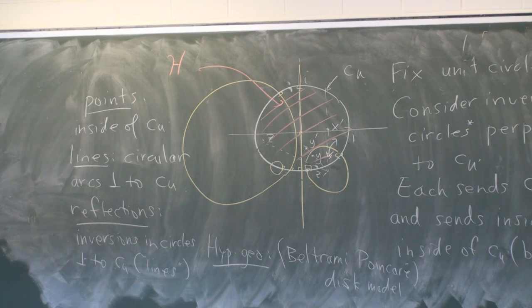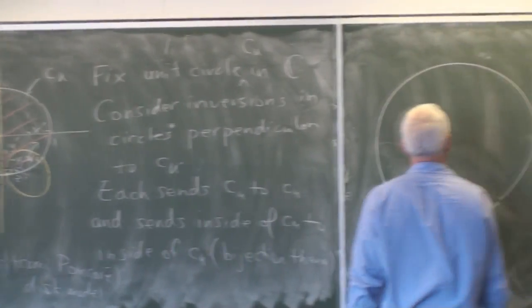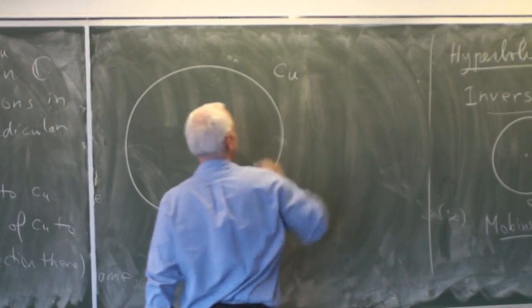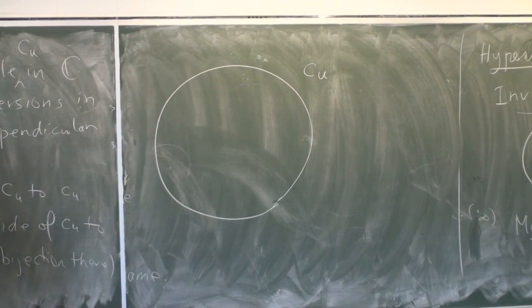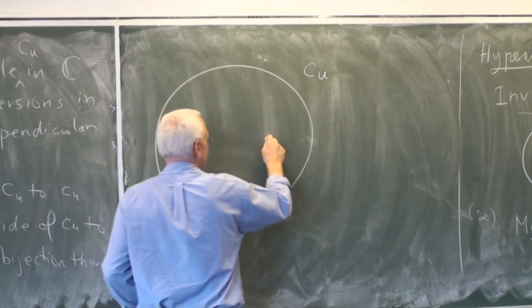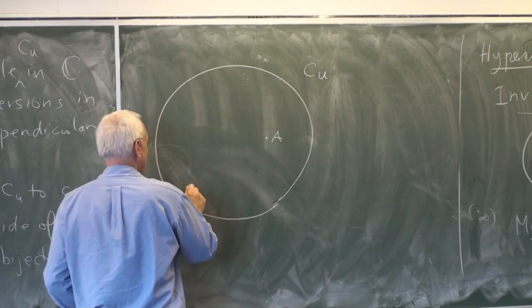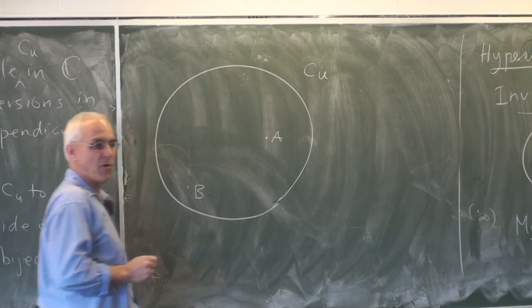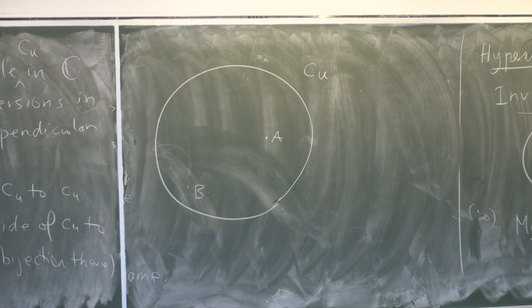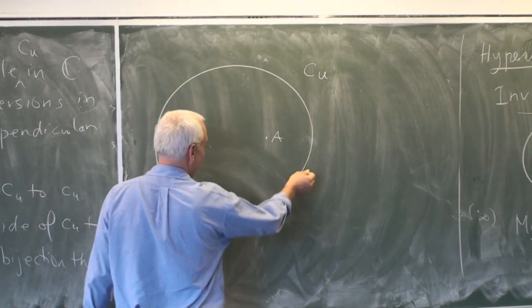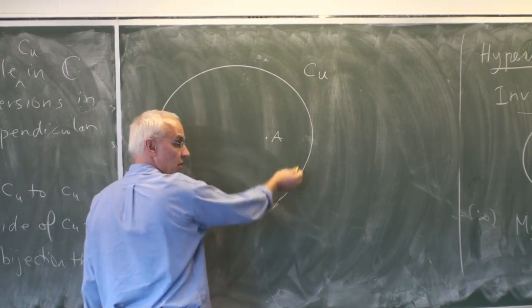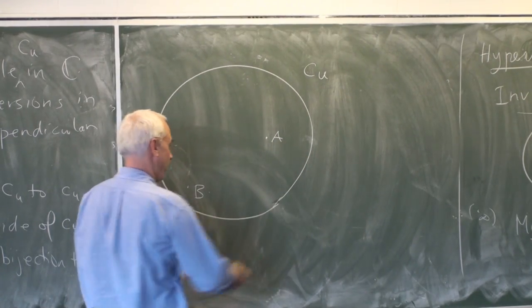So let's see if we can draw a picture or two. So this is C sub u. And let's do a little bit of geometry. So here's a point A, and here's another point B. And suppose I want to draw the line through A and B. I would then have to look for a circle which is going through A and B, which is perpendicular to the boundary.